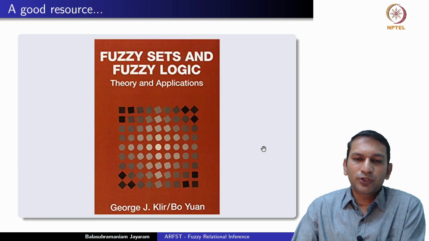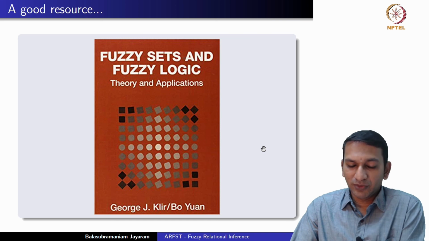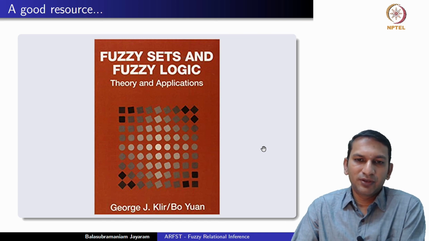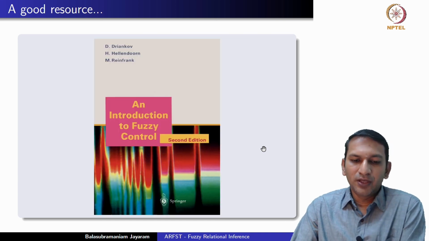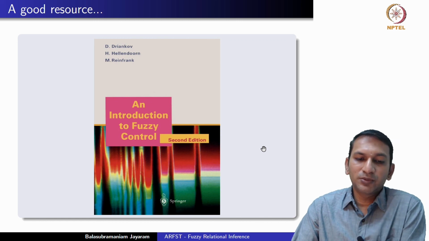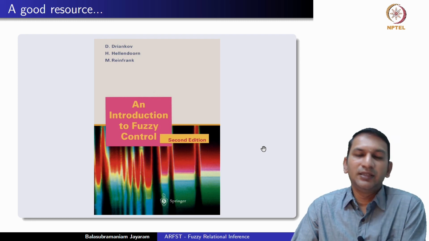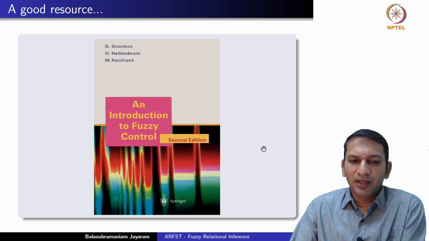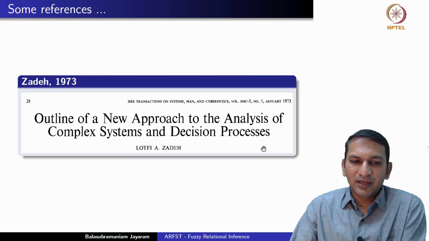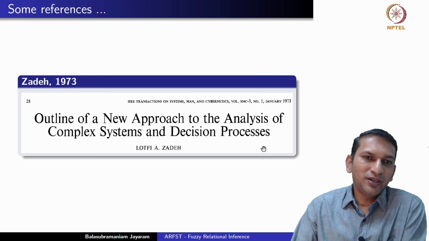A good resource for the topics covered in this lecture, once again, is the book of George Klir and Bo Yuan. You could also look into this book of Driankov, Hellendoorn and Reinfrank, which is a very interesting, very introductory text, and it deals with fuzzy relational inference in particular. Some very important references, some seminal papers.